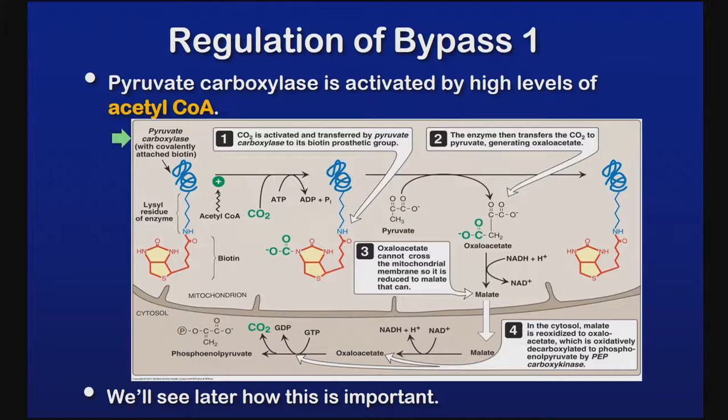So malate can now be transported outside, go through this pathway, revert back to oxaloacetate, and then be converted to phosphoenolpyruvate. Is this clear? Just take a look at it. It's not that complex. This step is just the reverse of a small portion of the Krebs cycle.